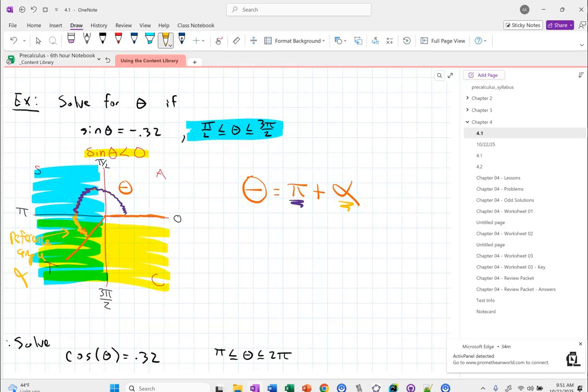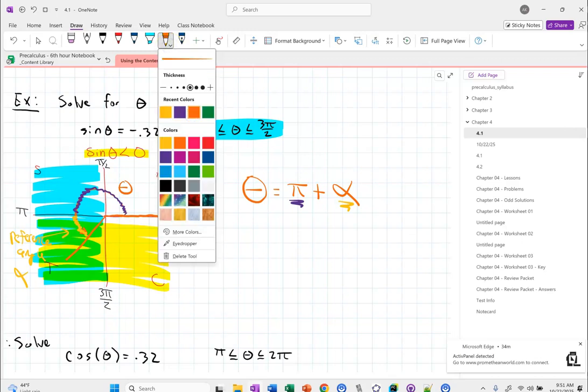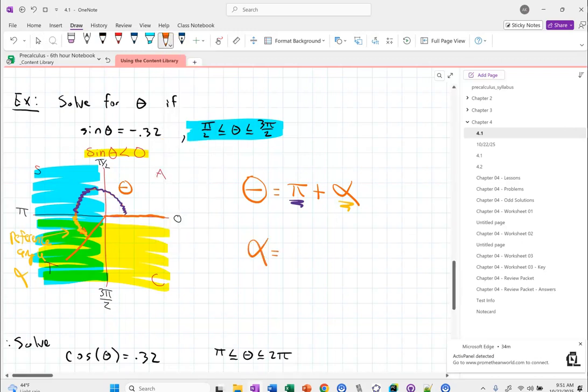This is how we find alpha every single time. Alpha is going to be sine inverse of the absolute value, in this case, of negative 0.32. Why am I using sine inverse?